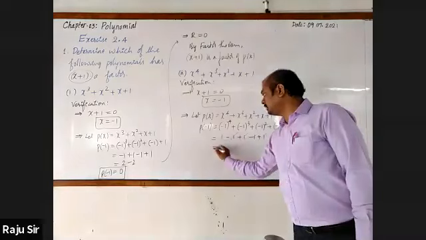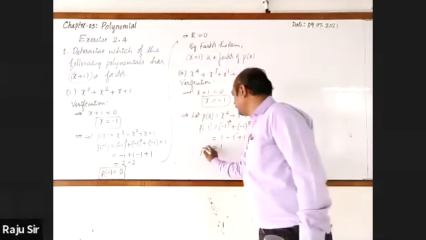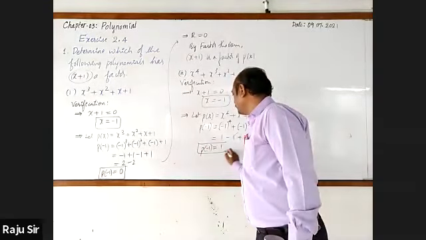Minus 1 plus 1 gets cancelled. You'll get 1. p of -1 is equal to 1.